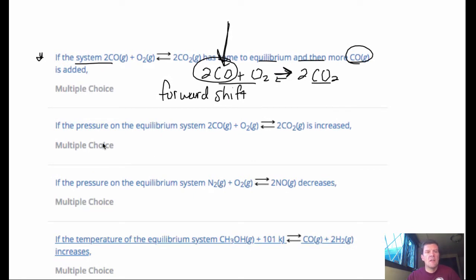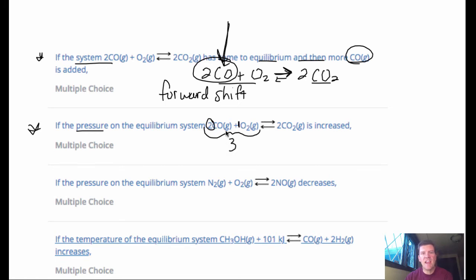Okay? Next, pressure. Let's look at this one. Remember, pressure on the gases is going to cause them to try to relieve some of that pressure. How does it do that? By producing fewer particles. Now, we have to compare both sides of the reaction. On this side, you've got a total of 3 moles of particles.